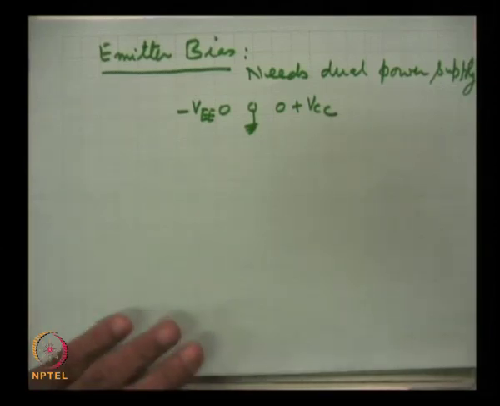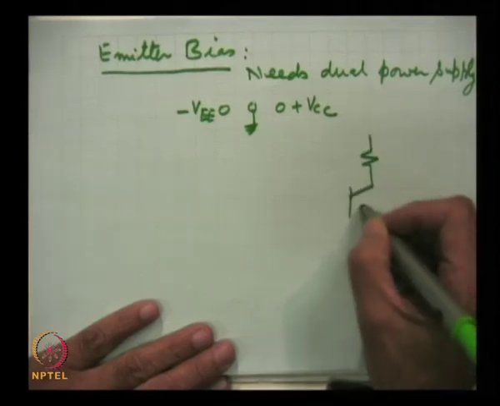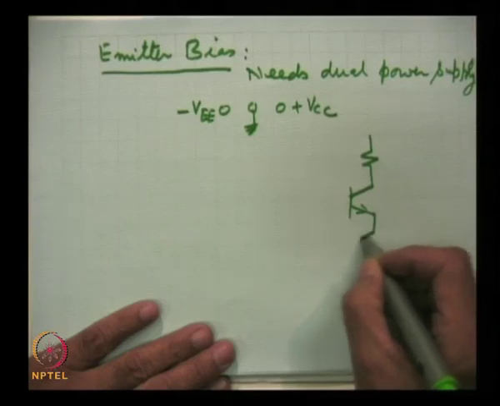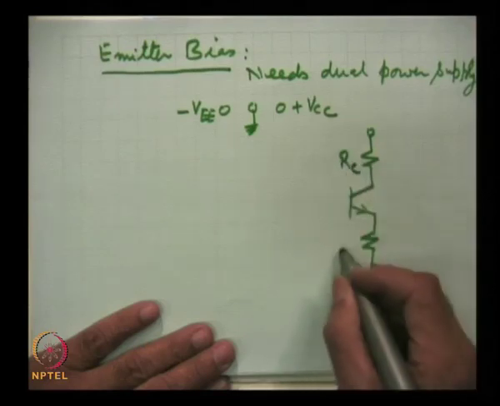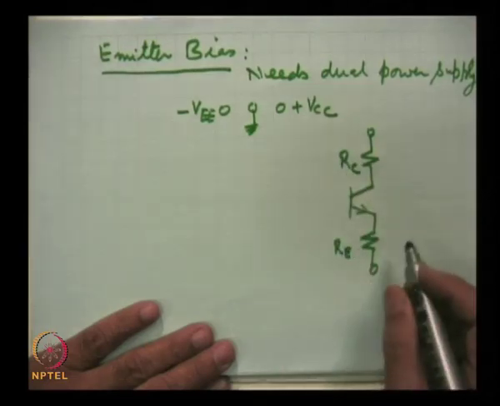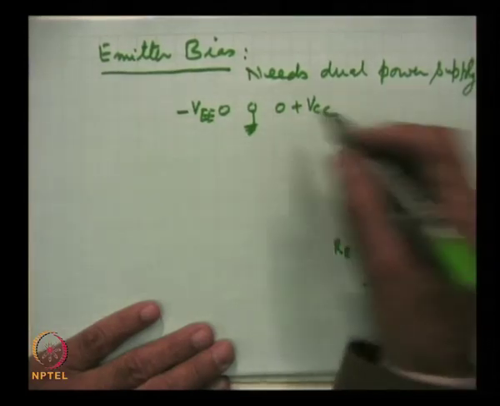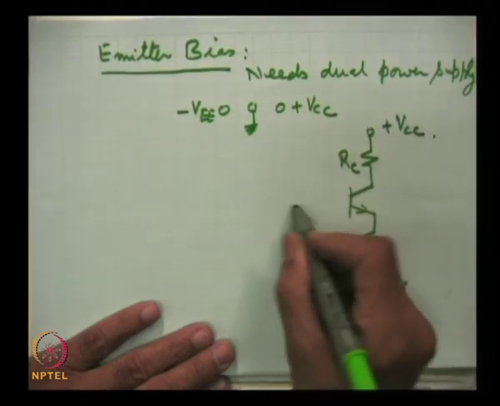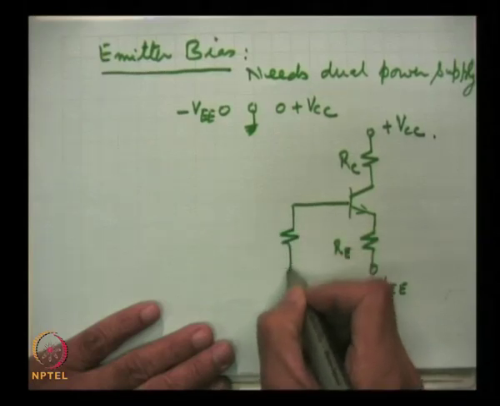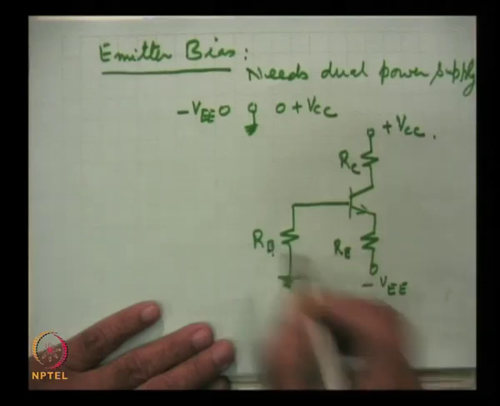Now, the circuit is this. RC, RE, and this is connected to this point, minus VEE, and this is connected from here to plus VCC, and then this is RB.